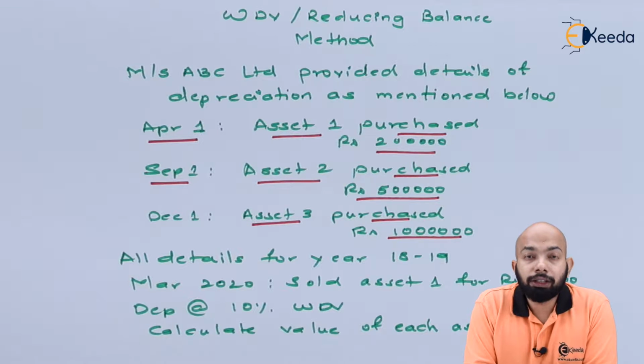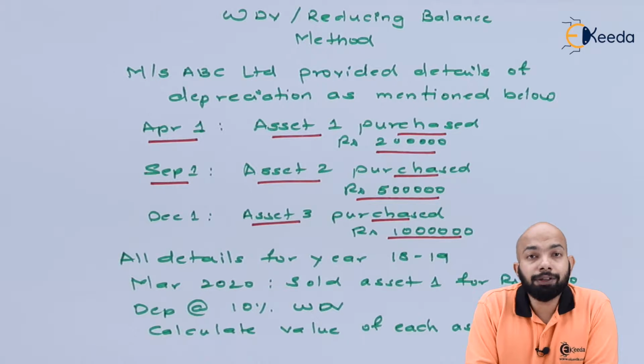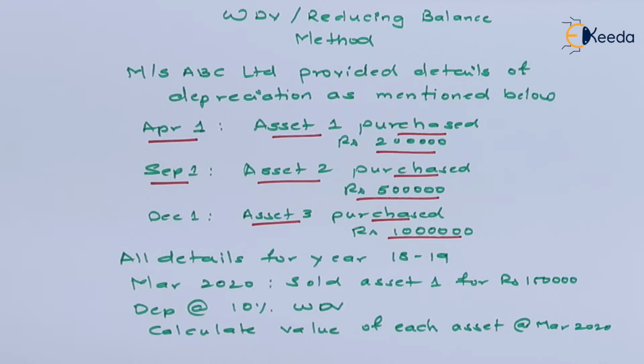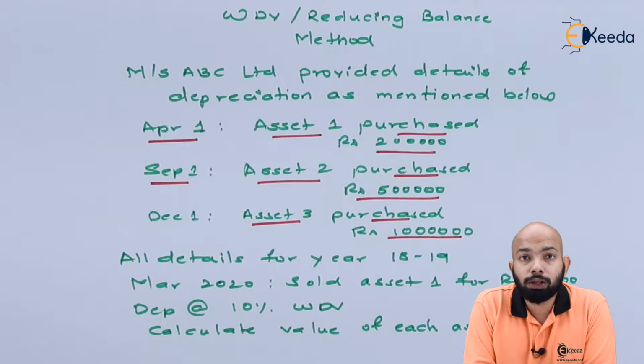Now, in March 2020, at the end of financial year 19-20, we have certain details mentioned here. They have sold the first asset, which was purchased for rupees 2 lakhs, for 1,50,000. That means that specific asset has been sold at the value of 1,50,000.